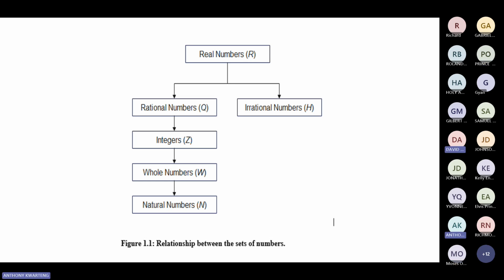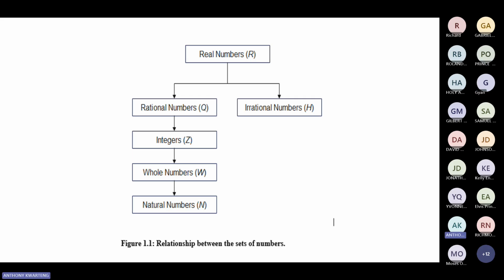So when we take out all the perfect numbers from the natural numbers, the rest are called non-perfect numbers. Is it okay? Yes, sir.